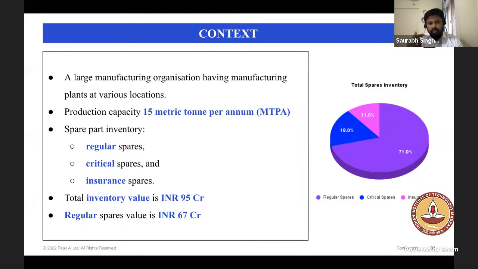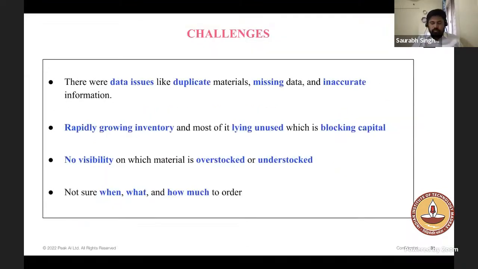And they have different types of spare part inventory, like regular spares, critical spares, and insurance spares, right? The total value of their inventory is approximately 95 crore rupees, out of which the regular spares are 67 crore rupees.